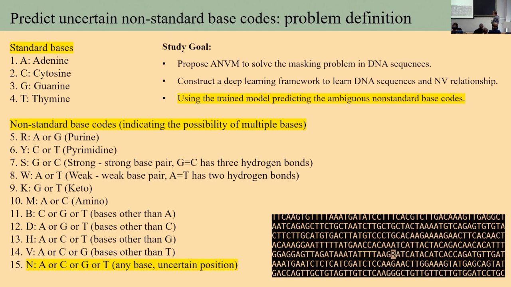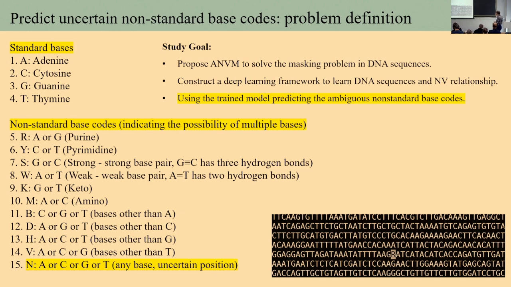We have the natural vectors, so we developed a deep learning network. Then we train this model and predict the ambiguous, non-standard base codes. For example, here, the COVID-19 protein.